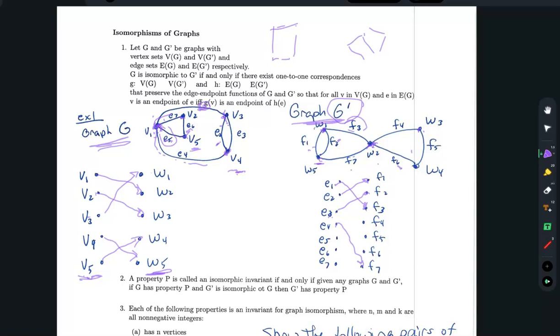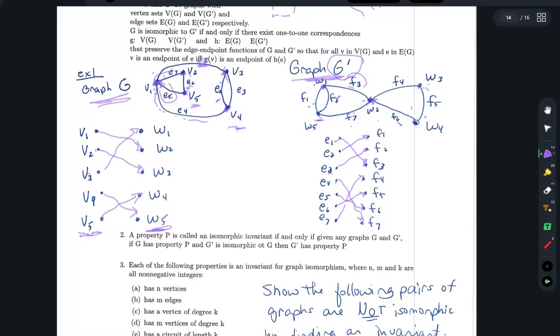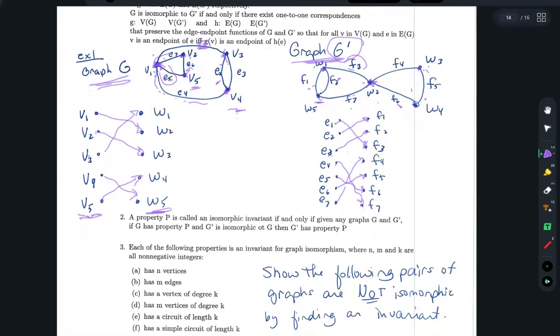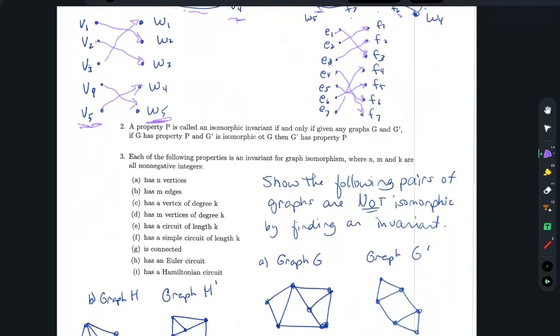Oh, here, right here, F6. Then E6 would be the other way, right? Between the two degree 2 guys. So that would be your F5. And then last one here. Okay, so that's when you can find an isomorphism. You can find a relationship.